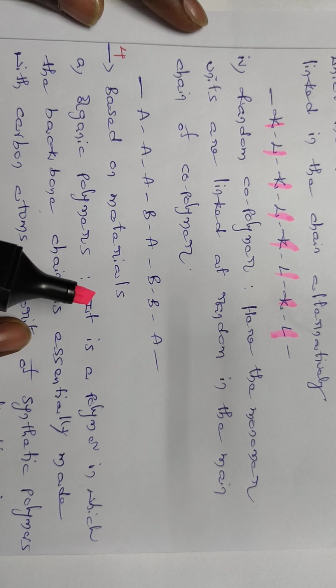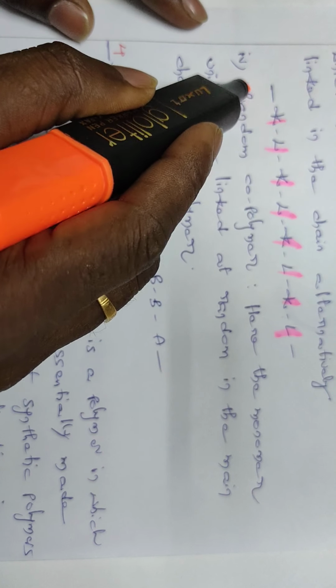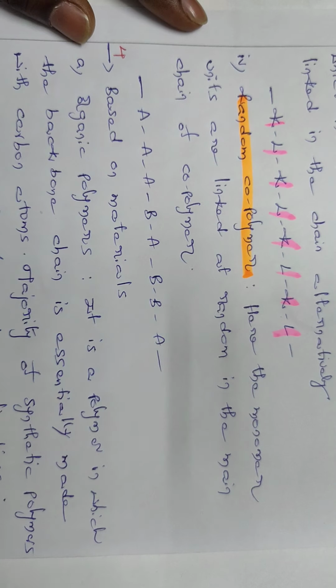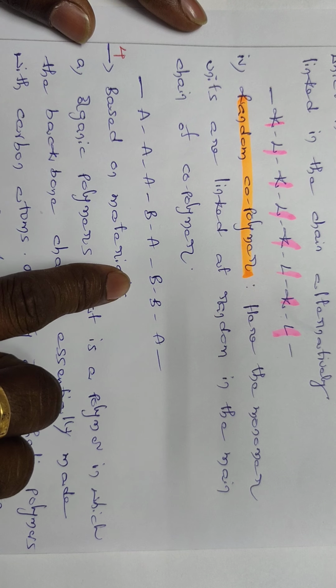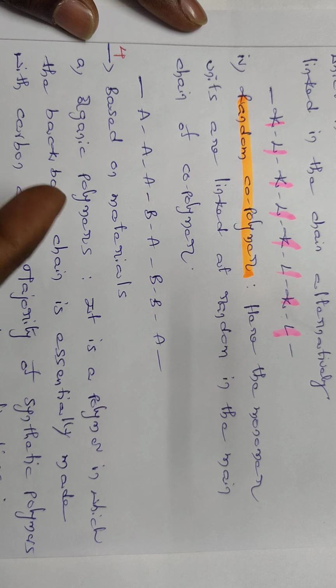And then the fourth one is the random copolymer. What is a random copolymer? Here the monomer units are linked at random in the main chain of the copolymer. That means there is no systematic arrangement.